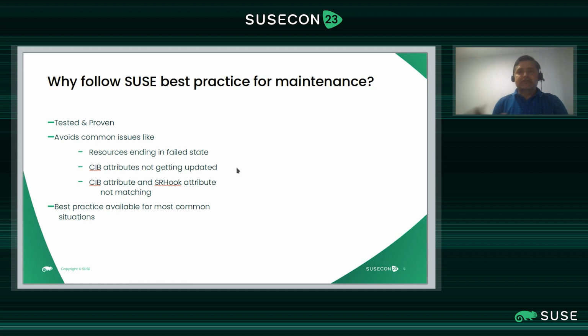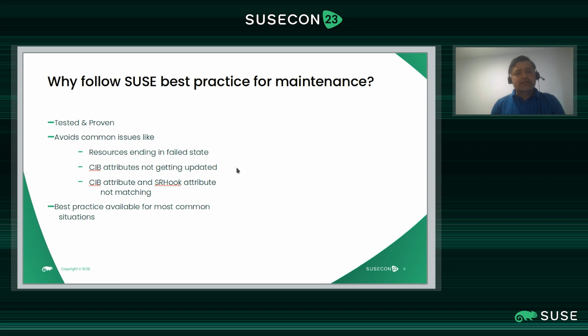There are many different ways of doing that. Then why should we follow SUSE's best practices? The reasons are that it is very well tested. It goes through so much testing, and it is proven that these steps don't cause any unwanted experience.